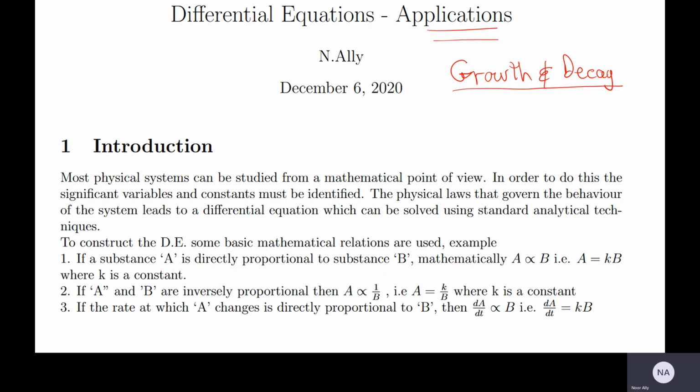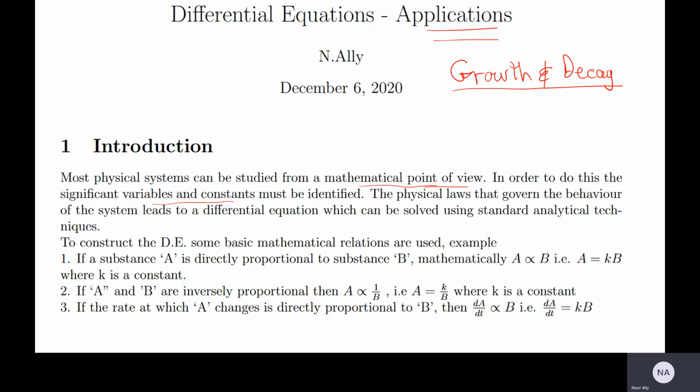Now, before we get on to the actual growth and decay, let's just quickly look at an introduction. This is simply the notes that I've placed on Moodle, and this is the explanation. So it will go through a little quicker. Most physical systems can be studied from a mathematical point of view.